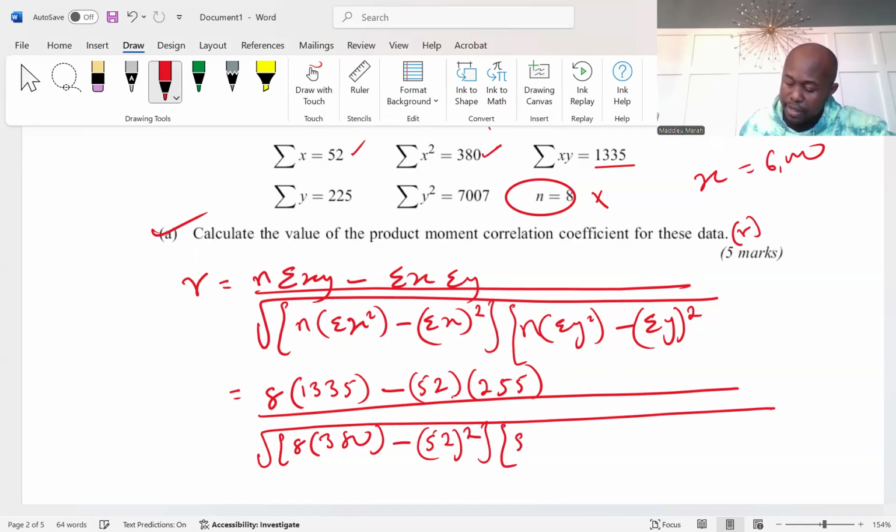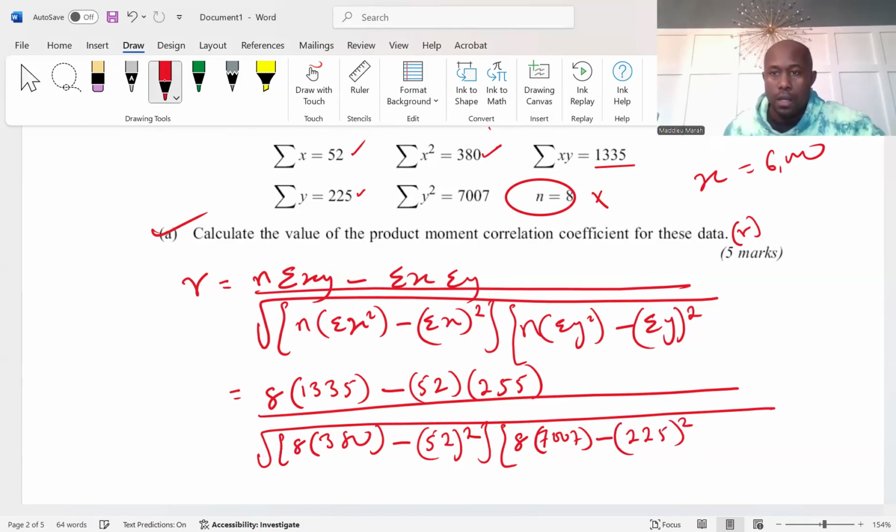Close this bracket and open the other bracket. N, 8, sum of Y square, which is 7,007, minus sum of Y all squared, 225 all squared.